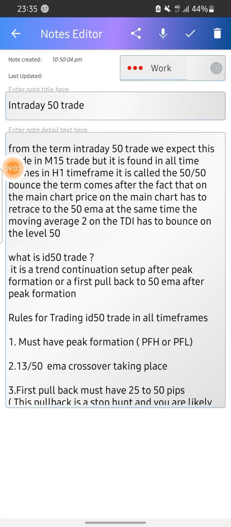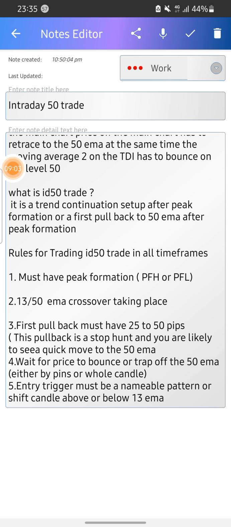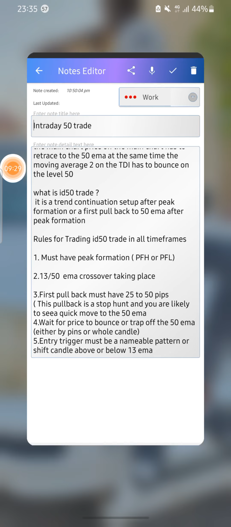After the 13 EMA crossover, we need to have our first pullback, which must be 25 to 50 pips. This pullback, we call it a stop hand, and you are likely to see a quick move. Let me go back into sketching.